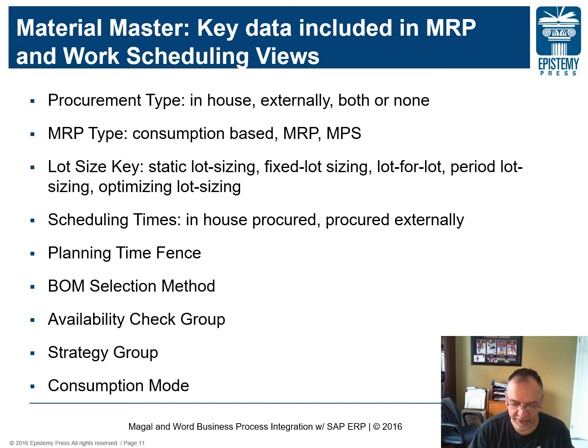So consumption-based calculates requirements based on historical consumption, and assumes that consumption will follow a historical pattern. And there's a reorder point calculation there. When inventory falls below a certain level, it triggers a reorder quantity. MRP calculates requirements for material based on the dependence on other materials.